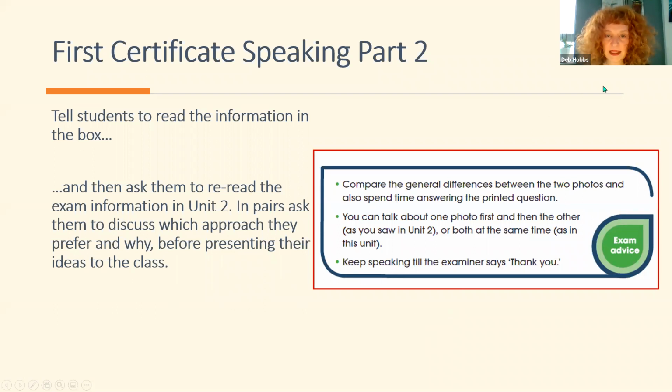And so here we can perhaps try this: tell students to read the information in the box and then ask them to reread the exam information in Unit 2, and in pairs ask them to discuss which approach they prefer and why before presenting their ideas to the class. So they're thinking a bit more critically.